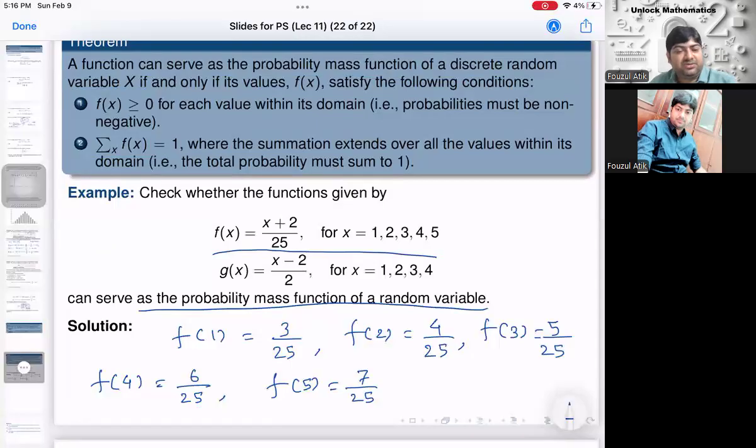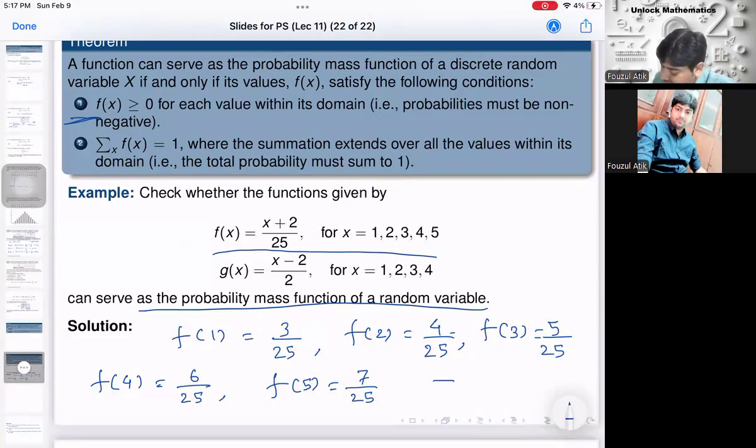So whatever values are given, we have calculated. Now all these values are non-negative, so the first condition is already satisfied. The second condition is that their sum should be equal to 1. If you add them up, f(1) plus f(2) plus f(3) up to f(5), you get 3 plus 4, 7 plus 5, 12 plus 6, 18 plus 7, 25 divided by 25, which gives you 1.